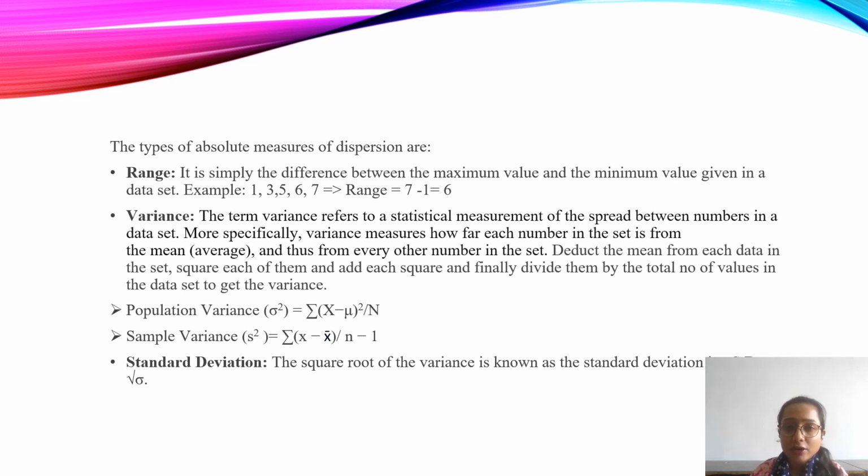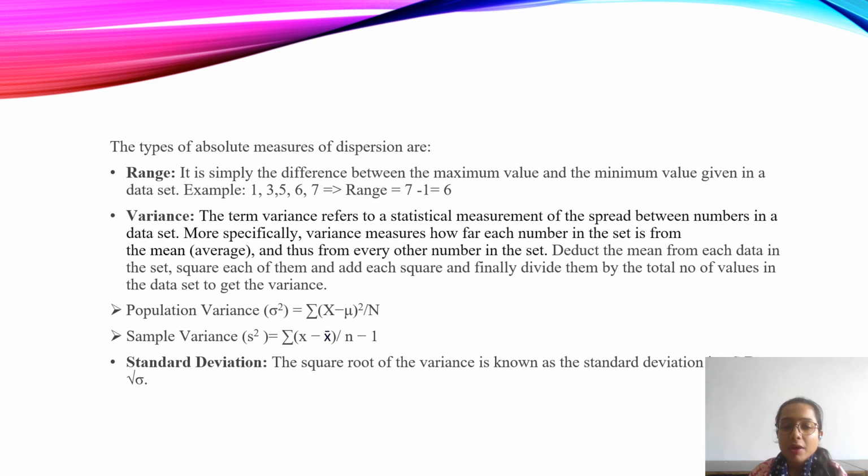Now there are two kinds of variance. First is population variance, second is sample variance. Population variance is generally denoted by sigma square, and the formula is the summation of (x minus mu) whole square divided by n. For the sample variance, it is s square, which is equal to the summation of (x minus x bar) whole square divided by n minus 1.